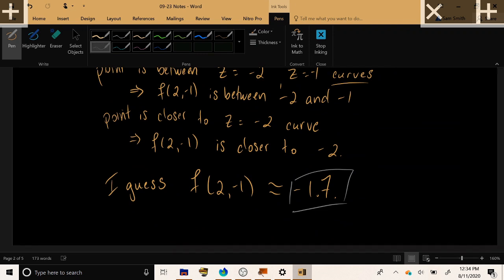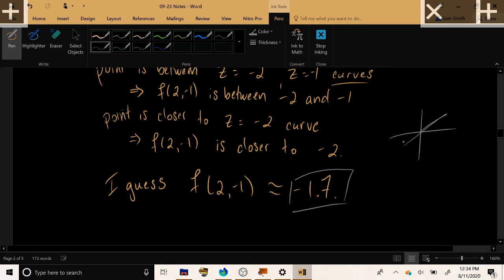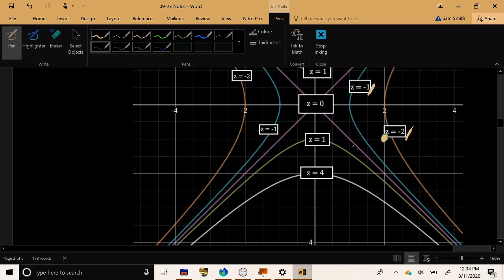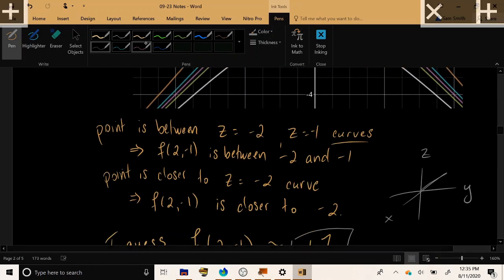So just as an exercise, let's think about what the graph might look like. At the center, the graph has an elevation of 0, but it decreases in both the positive and negative x directions, and it increases in both the positive and negative y directions.